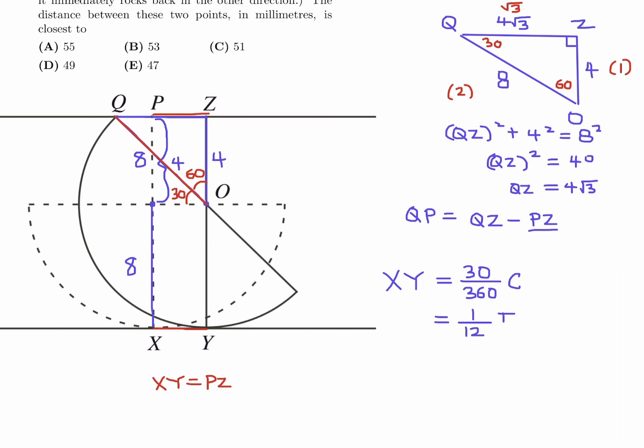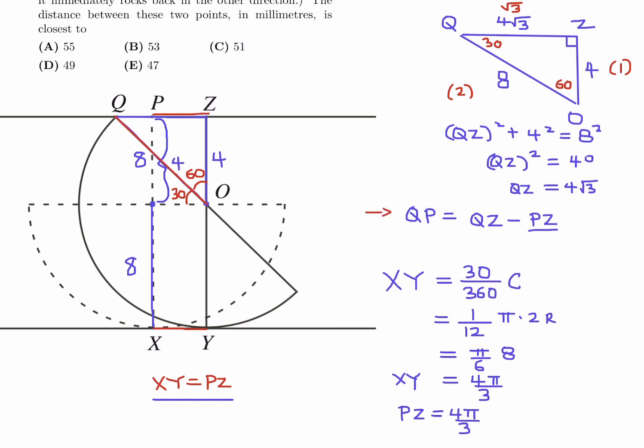The circumference of the circle is pi times 2 times the radius. So this just becomes pi over 6 times the radius, and the radius of this circle is 8. So this looks like 4 pi over 3. All right? So that is xy, but remember xy is the same as pz. So therefore pz is equal to 4 pi over 3.